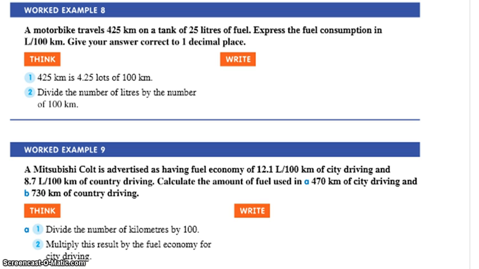It's a rate the same as kilometres per hour, but this time we're talking about litres per kilometre, so volume per distance. So we have to express this as litres per 100 kilometres, correct to one decimal place. What do you reckon you're going to do? Okay, we've got 425 kilometres and it used 25 litres of fuel.